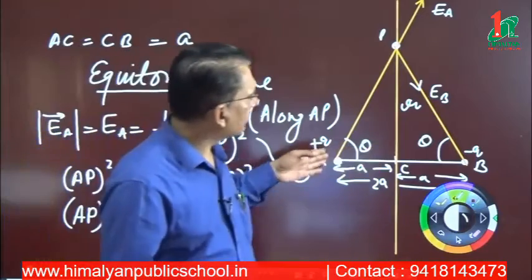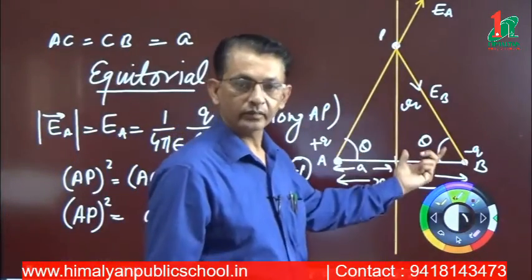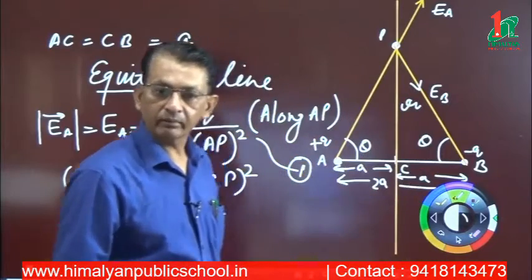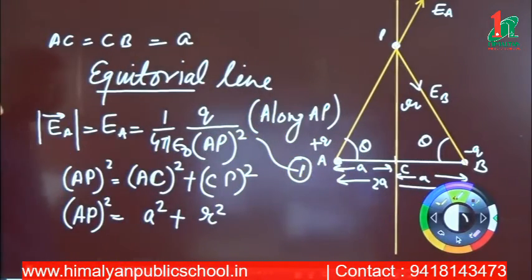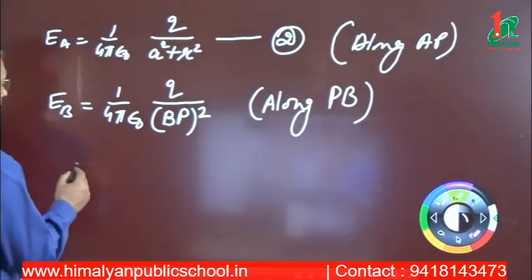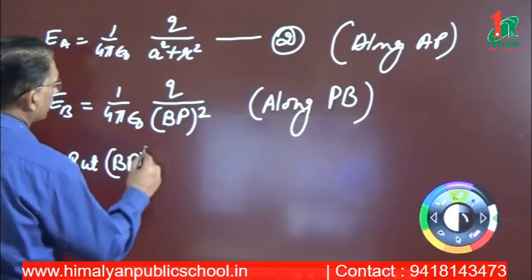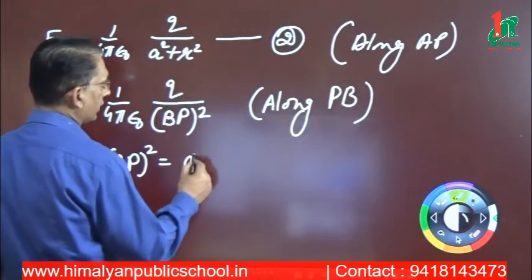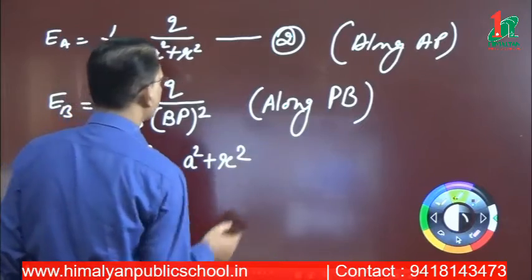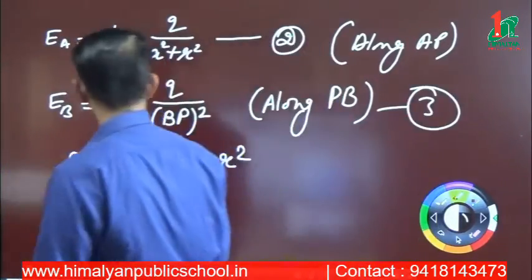Both triangles are the same, the distances are the same, so their hypotenuse will be the same. So you will write here, BP square is A square plus R square. Put in this equation, take this equation as 3, put in 3.